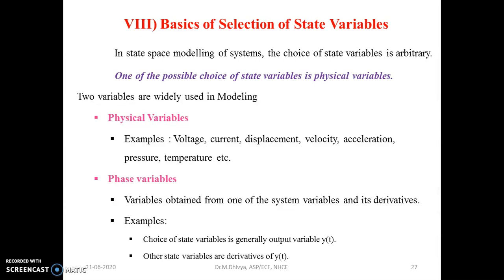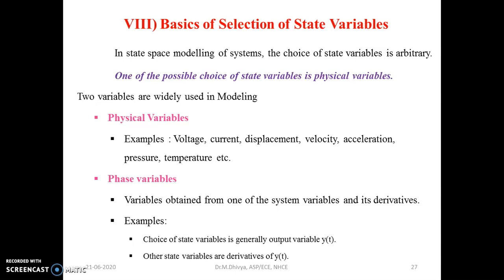Now, basics of selection of the state variables. In state space modeling of systems, the choice of state variables is arbitrary. One of the possible choices of state variables is physical variables. Two kinds of variables are used in modeling, namely physical variables and phase variables. In addition to phase variables, we have canonical variables also.